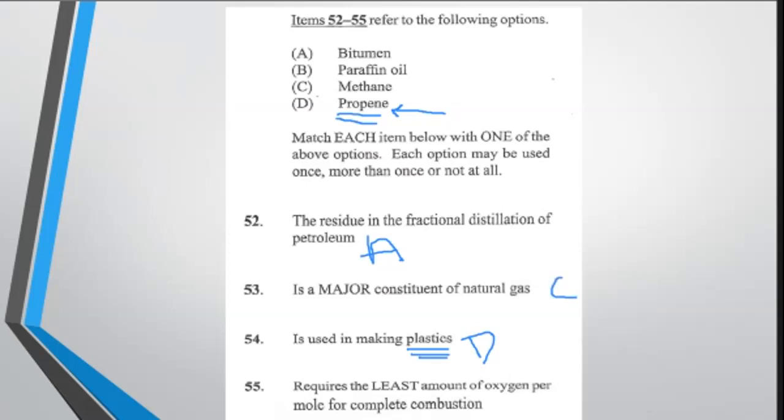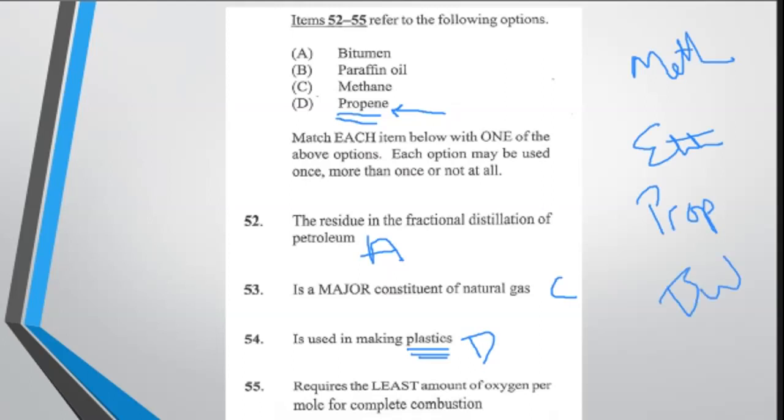When we remember naming carbons, we have methane, meth is 1, eth is 2, then prop is 3, and but is 4. So meth will have 1 carbon, eth will have 2 carbons, prop will have 3 carbons, and but will have 4 carbons.